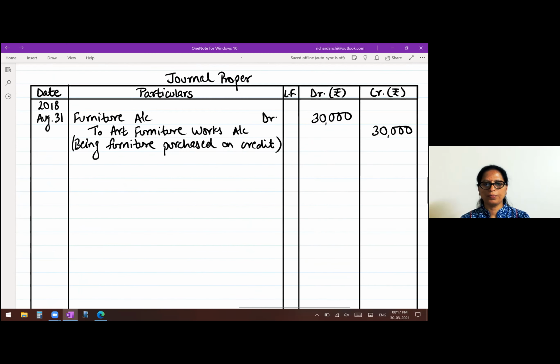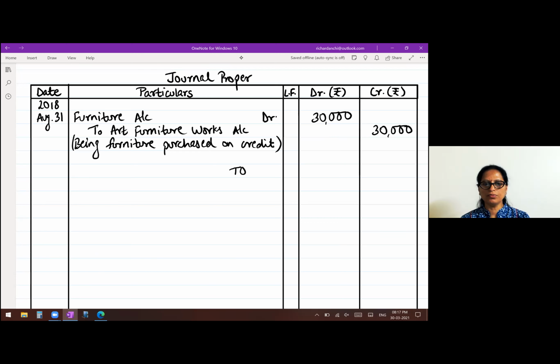In the journal proper, the debit and credit columns, write 30,000 each. That's all that you have to do. Only remember, whenever there is trade discount, deduct and write. And when goods are returned, gross is returned, find out what trade discount you had purchased or sold, deduct that much amount, and then write in the amount column.